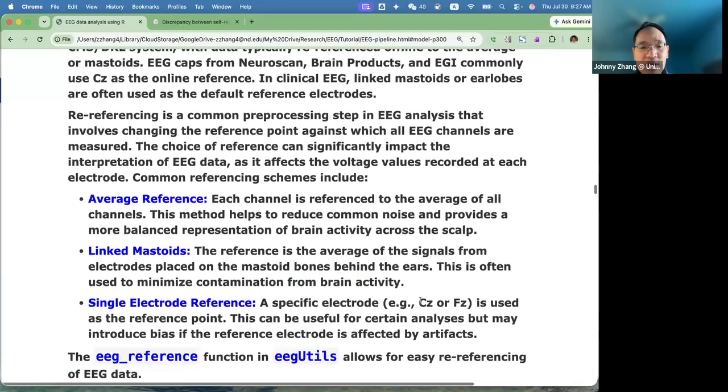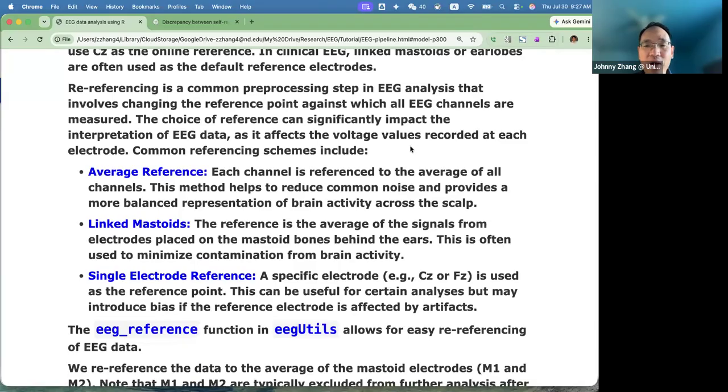There are different ways we can re-reference our EEG data. One is that we can use average reference. So basically, we can calculate the average of all channels and then use that as a reference point, and then we can recalculate the signal information of all other electrodes. Okay, but oftentimes we use linked mastoid electrodes.